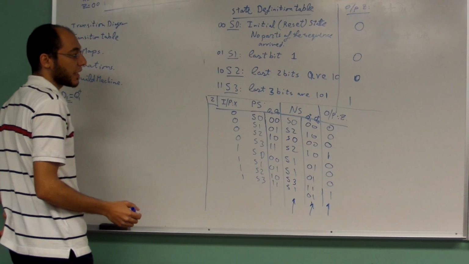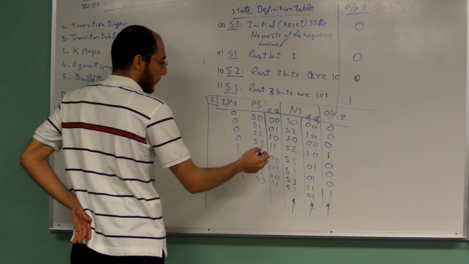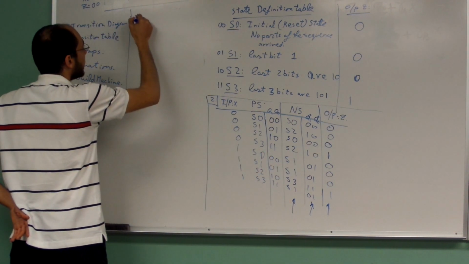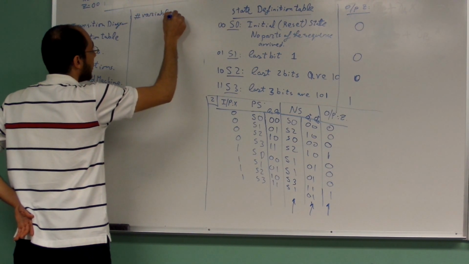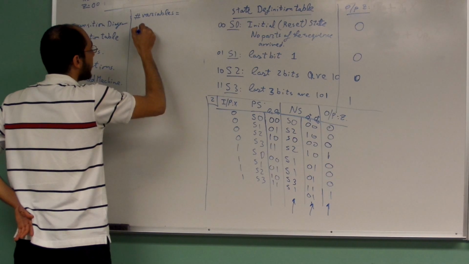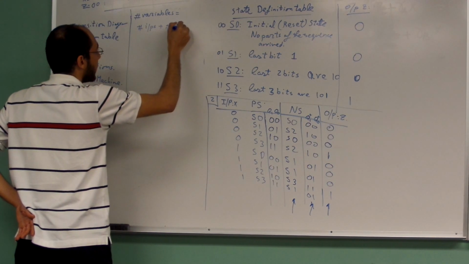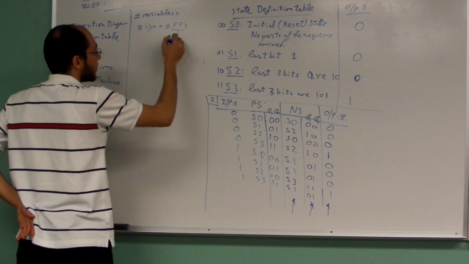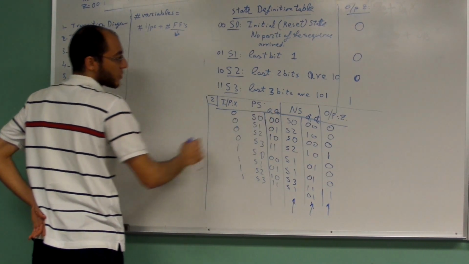First of all, I need to decide how many variables we have. Let me write it in a note here. Number of variables equals number of inputs plus number of flip-flops, which is equal to the number of state bits that you have.